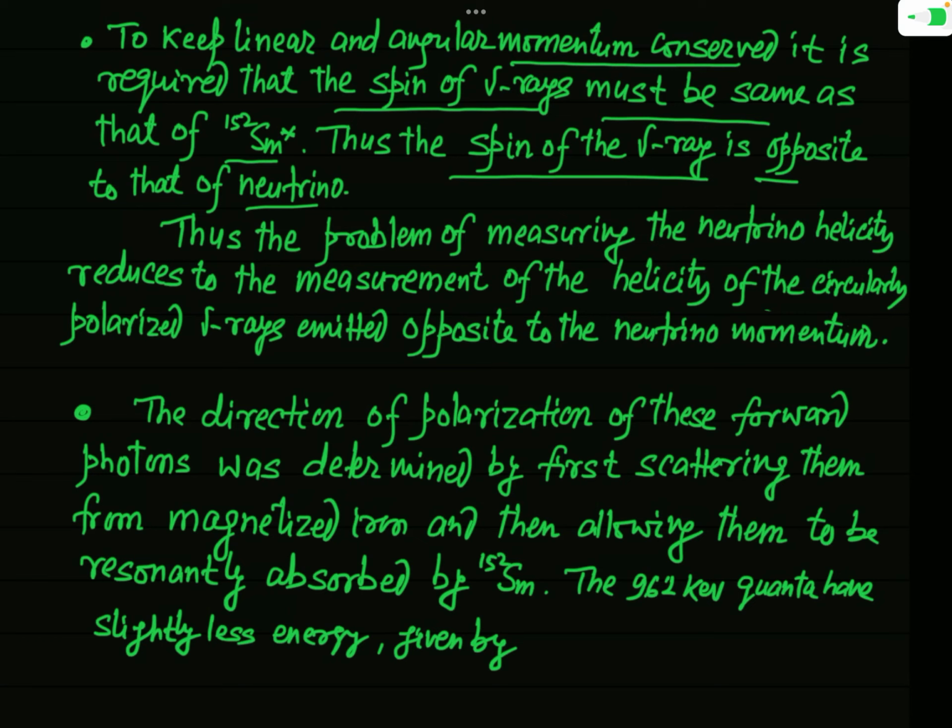So I have mentioned here that the problem of measuring the neutrino helicity reduces to the measurement of the helicity of the circularly polarized gamma ray emitted opposite to the neutrino momentum. Actually, these gamma rays are emitted in all directions, but we are interested here only in those emitted opposite to the neutrino.